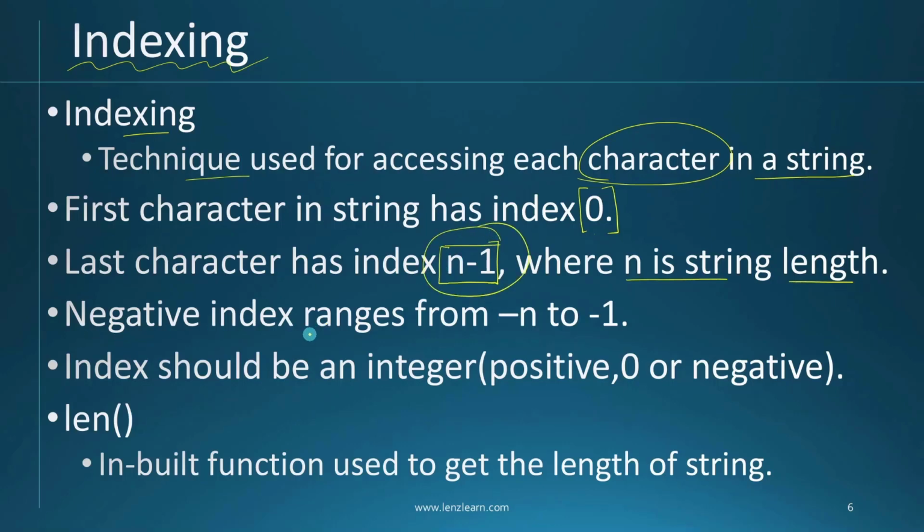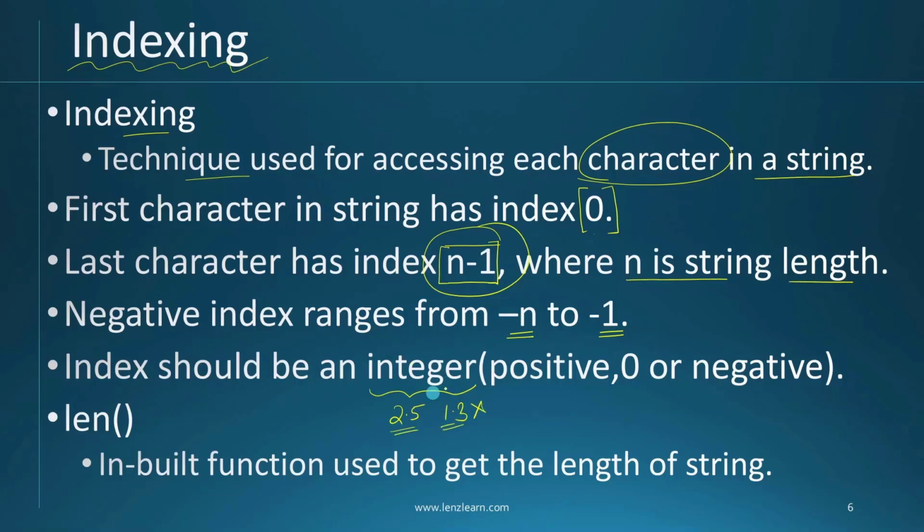Now, negative indexes can also be used to access the characters inside a string. The negative index goes from -1 to -n. Now the index should be an integer, so this is very important. You cannot give an index value as 2.5 or 1.3. These are floating point values. It is not allowed.